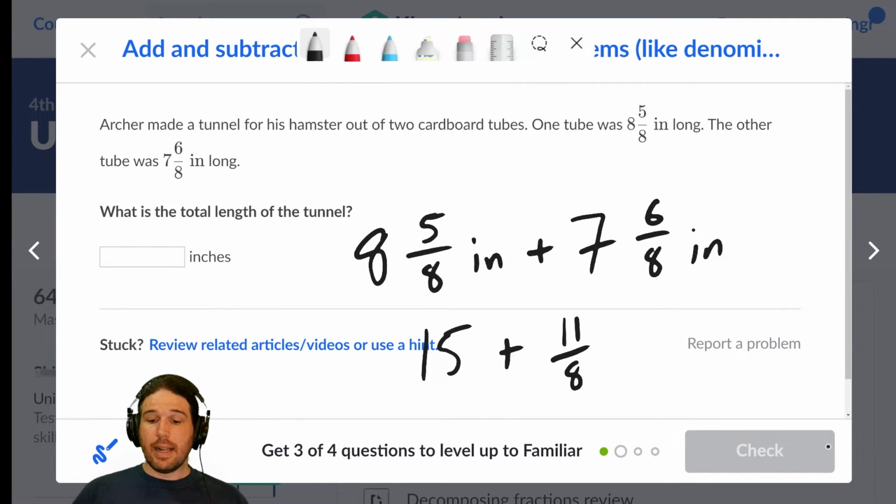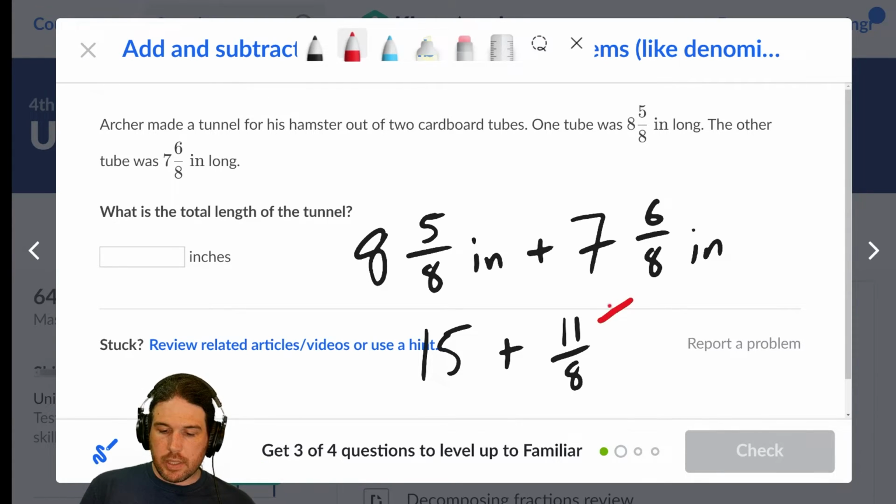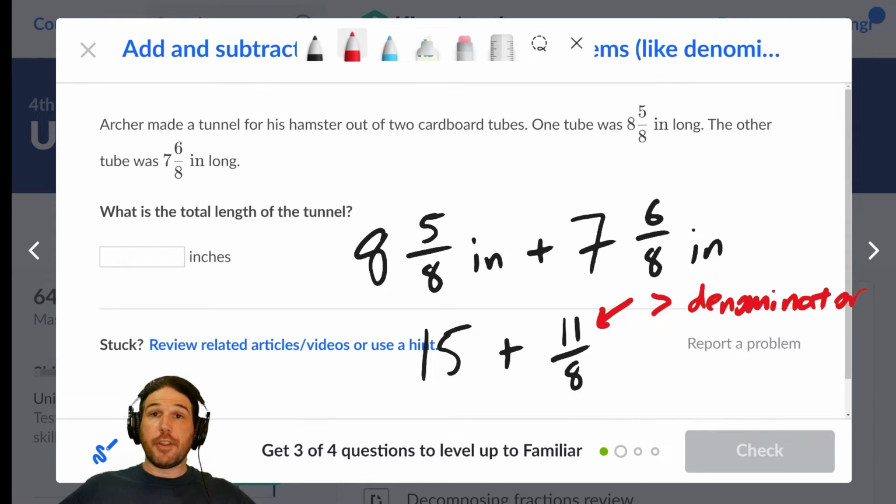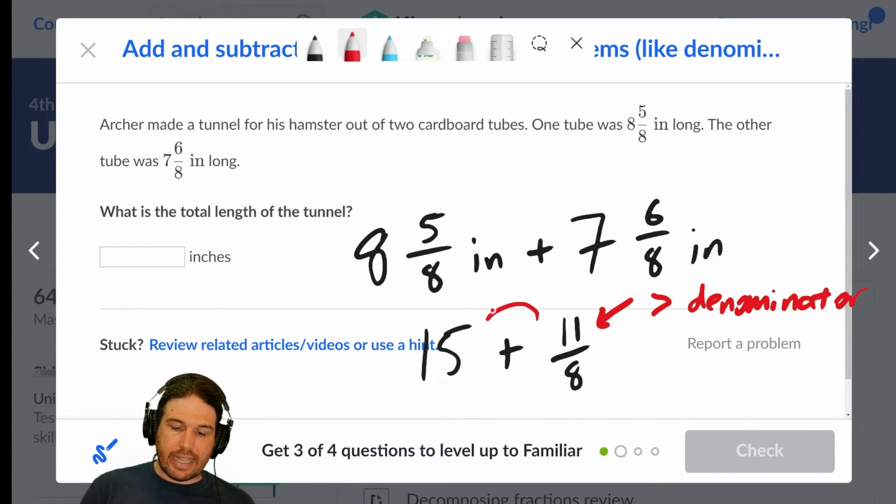But again, I want you to see that I know that there is something I can pull out, that this fraction is bigger than 1 because the numerator is bigger than the denominator. If the numerator is bigger than the denominator, you've got at least one whole that you can pull out of that fraction and give to that 15. Yeah?